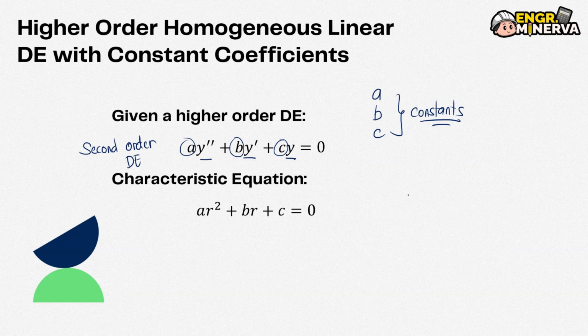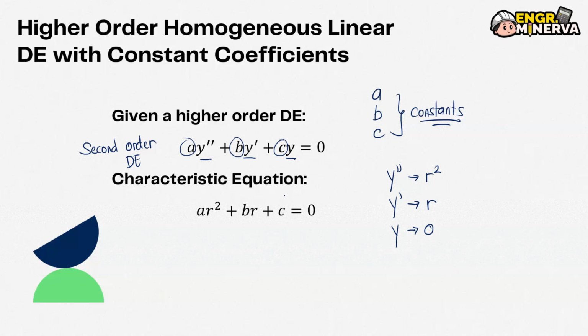So what we need to do is convert this higher order DE into its characteristic equation. How can we do that? You substitute your second derivative with r squared, your first derivative with r, and your dependent variable with 1.